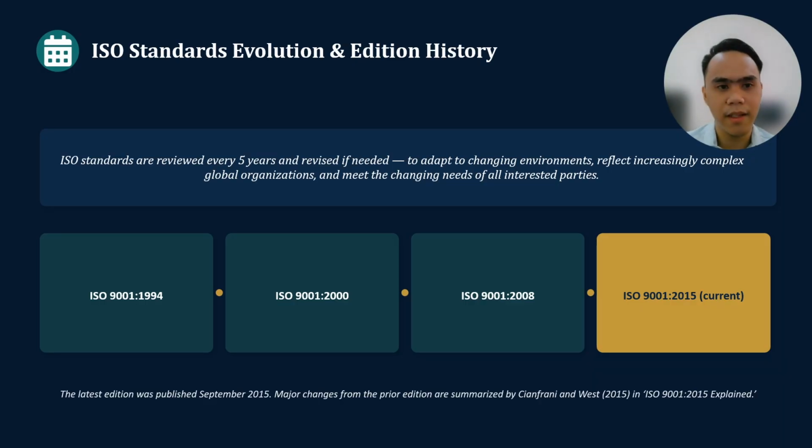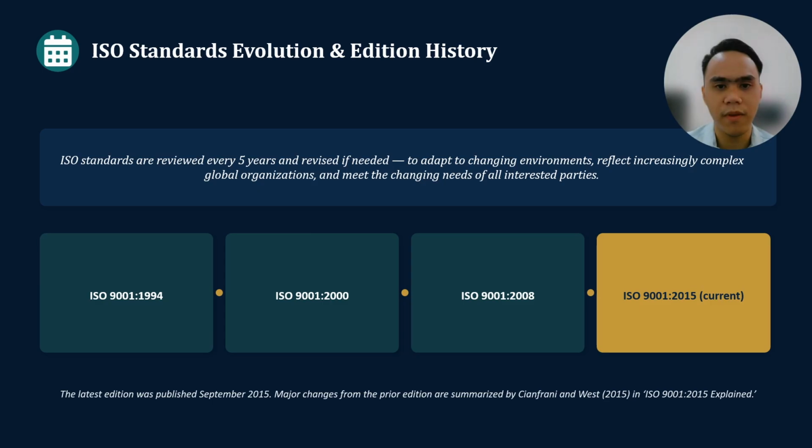It's worth understanding that the ISO standard is not static and frozen in time. It is reviewed every 5 years and revised if needed. These revisions happen to adapt to changing environments, to reflect increasingly complex organizations in a global market, and to ensure new standards reflect the changing needs of all interested parties.